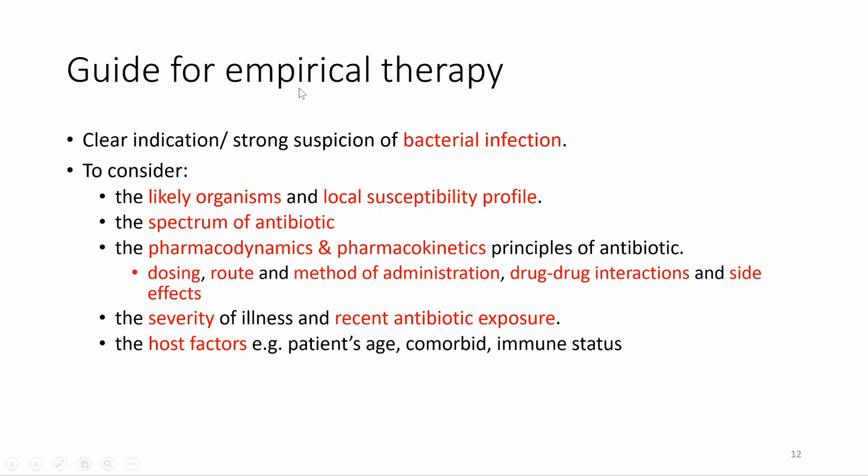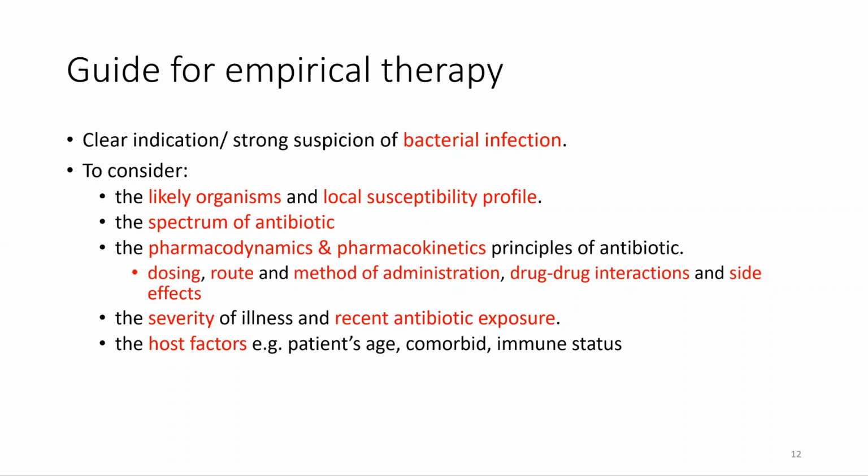So the first indication is for empirical therapy. I've listed here a few guides for you to decide on the empirical antibiotic therapy. You should have a clear indication, a strong suspicion of bacterial infection, and another important point to consider is the likely organism and the pattern of local susceptibility profile.